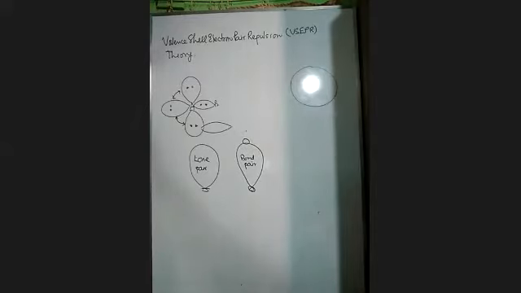Now, where are you going to have the maximum repulsion? The maximum repulsion occurs between 2 lone pairs.